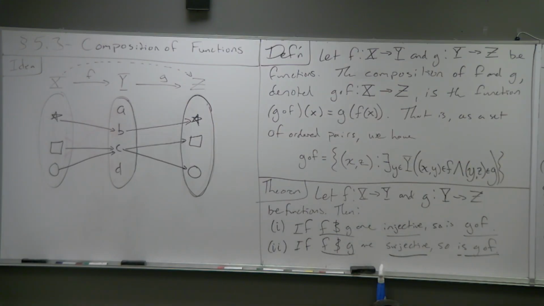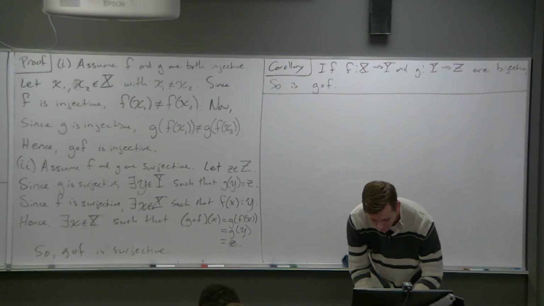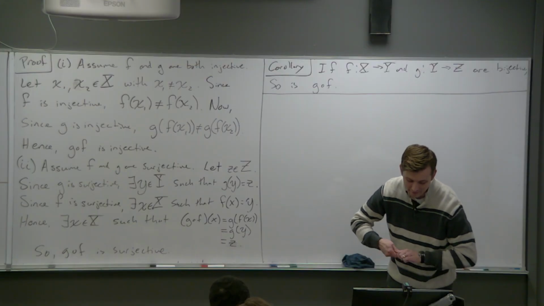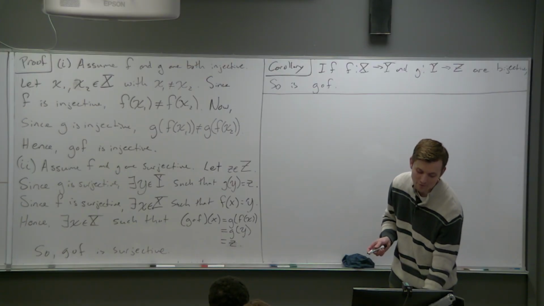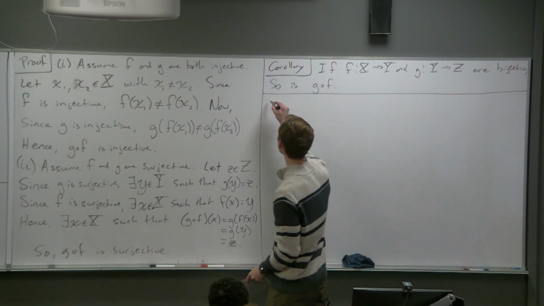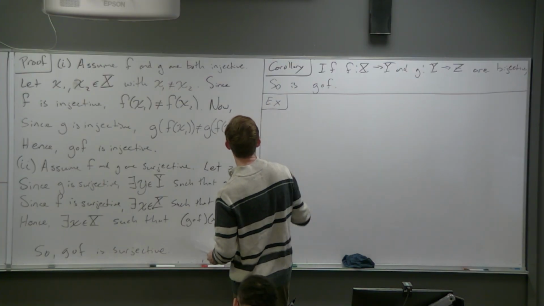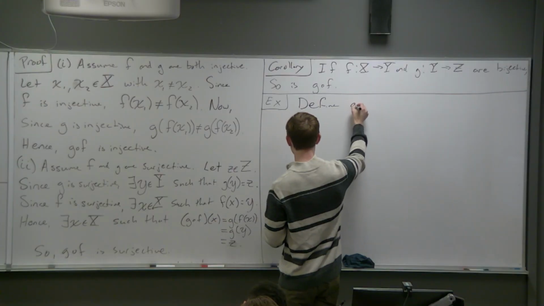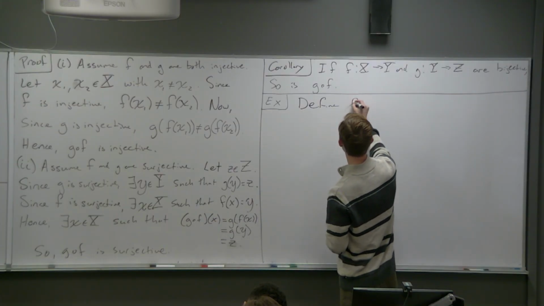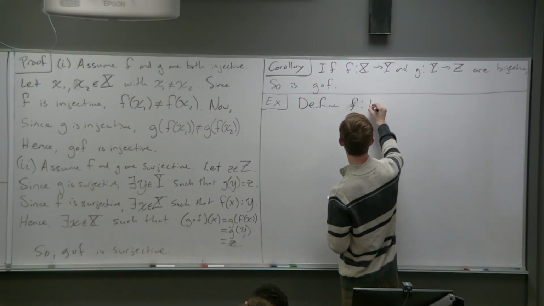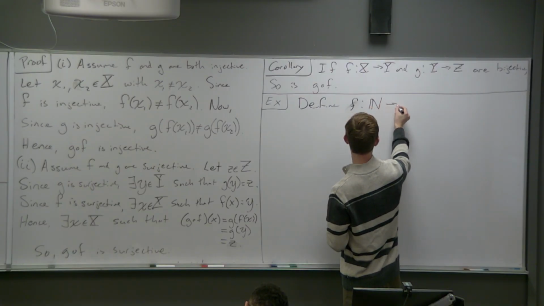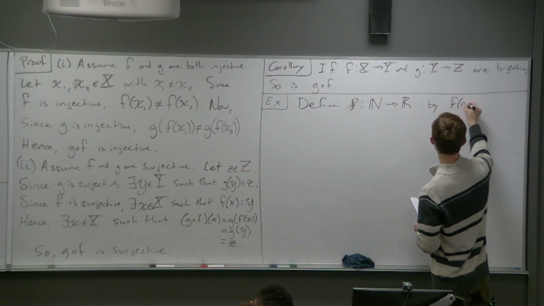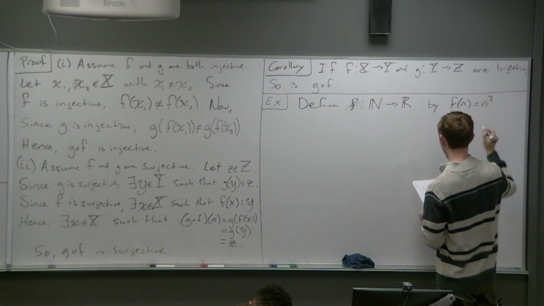But now, let's prove some of those observations we made a little bit earlier. That is, well, perhaps let me motivate it really quick. Let's consider an example first. So, define, well, let's call it F, from the natural numbers to the real numbers by f of n is equal to n squared.